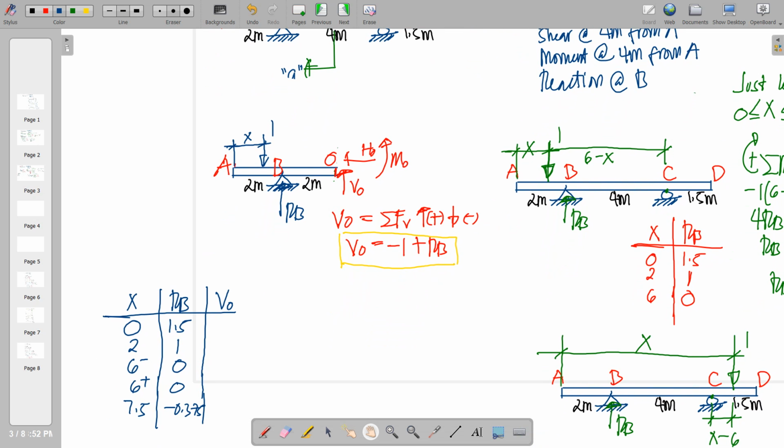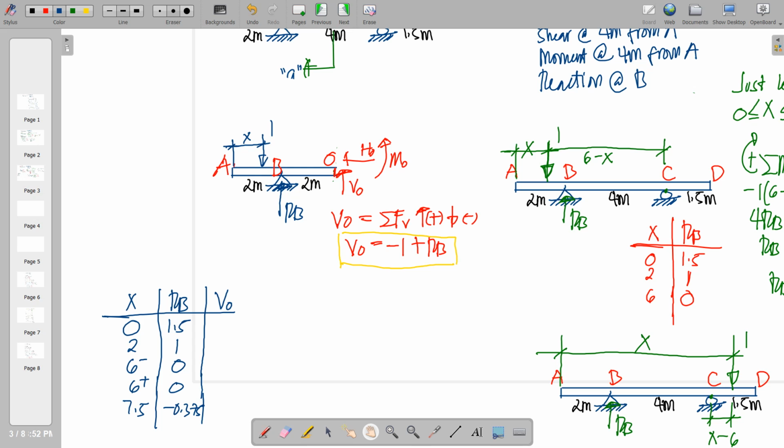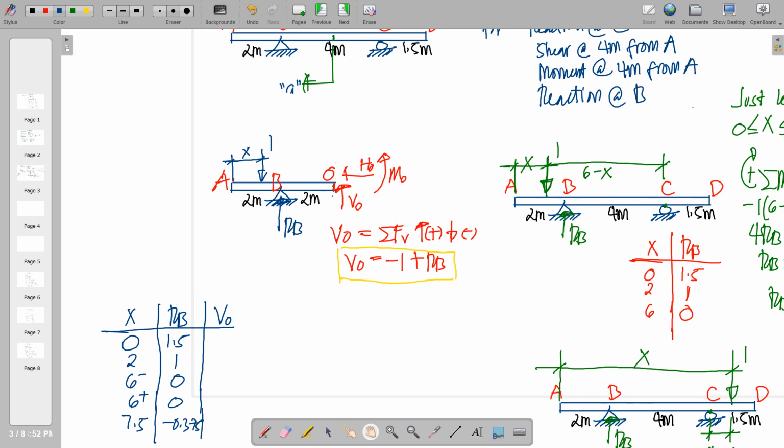So this equation will now be applicable only, limited to just left of O. Okay, and just left of O is actually 4 minus. Okay? So this equation is only applicable for x equal to 4 minus. Okay?